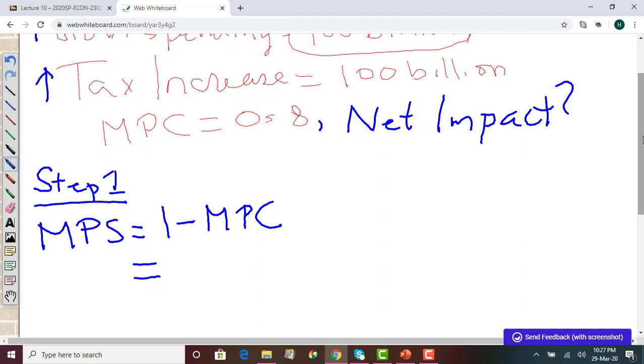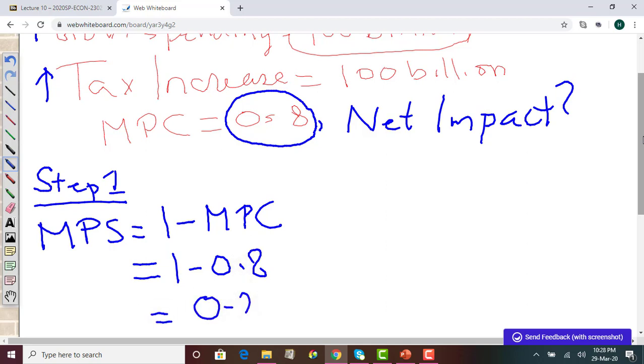In this problem, we already know MPC is 0.8, right? So 1 minus 0.8 is equal to 0.2. So MPS is 0.2. That's step 1. Now we look at step 2. Step 2 is basically we have to calculate the multiplier.